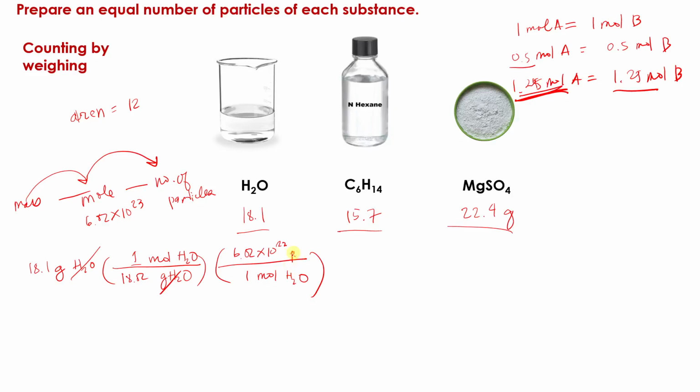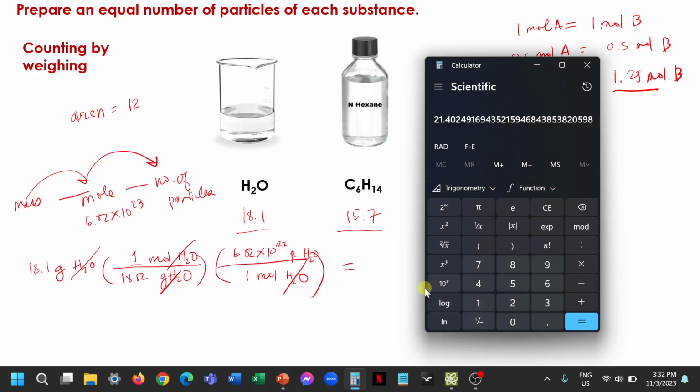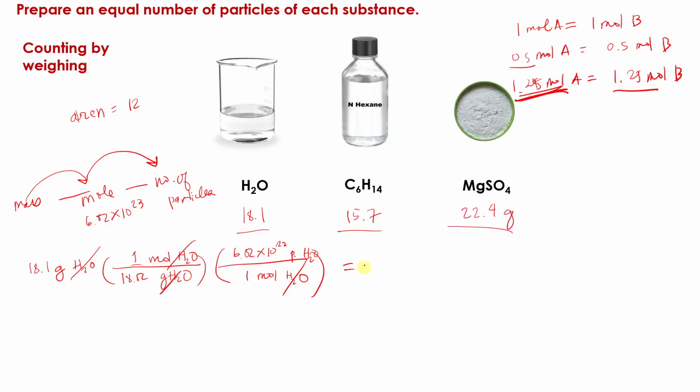I'll write P to make it short, that is particles of H2O. Then it's equal to 18.1 times 6.02 times 10 to the power of 23 divided by 18.02. So we have 6.05 times 10 to the power of 23 particles.